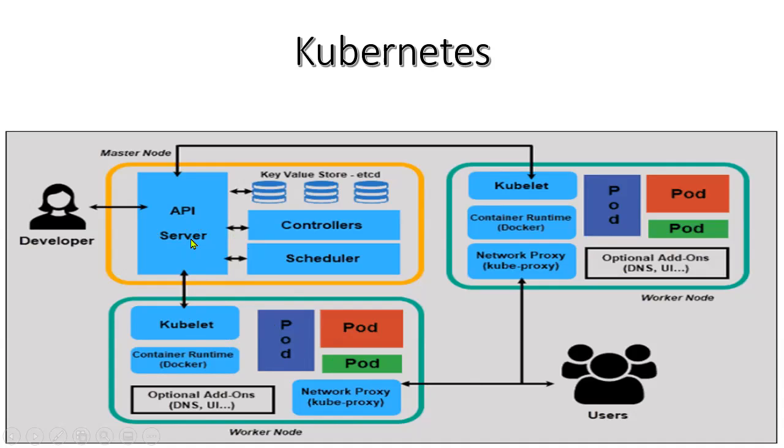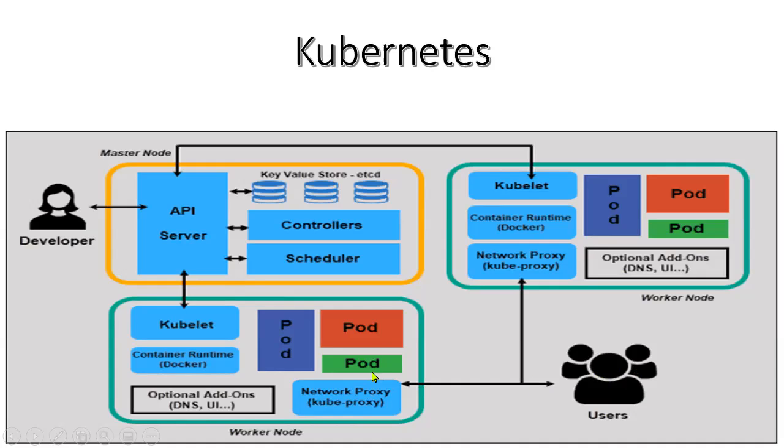The API server is present in the master node. Now there is something called the network proxy, actually it is kube proxy. Kubelet and kube proxy are in the worker node, not in the master node. This kube proxy communicates with the users.